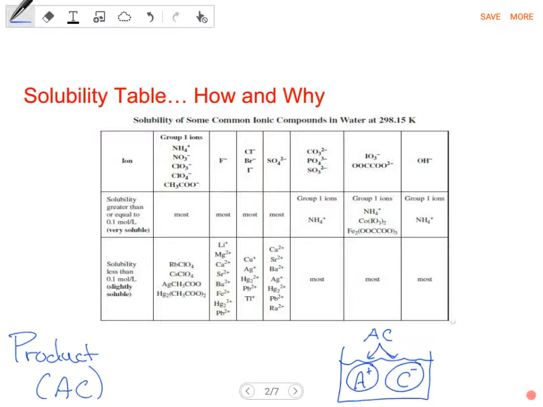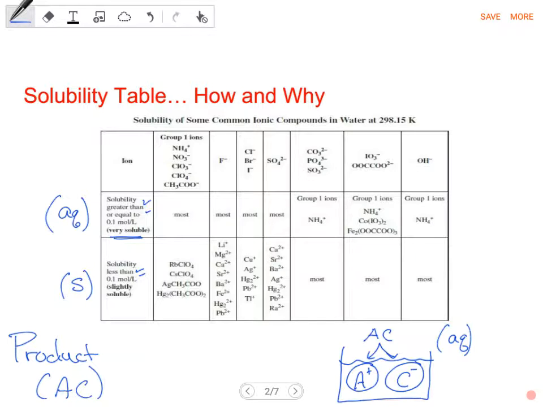This is called aq, and that's basically when you put it into water, it breaks apart and dissociates. Now, on the table, you feel free to put this in here. See where it says right here, solubility greater than or equal to? It means very soluble. You can put an aq symbol right here. You also can put down here solubility less. That's going to be your solid.